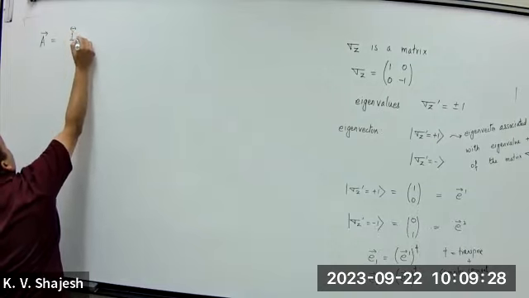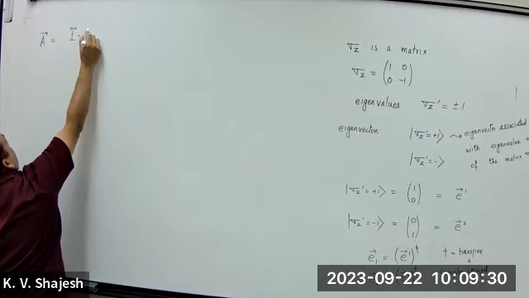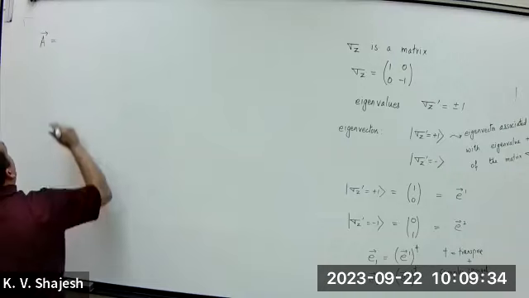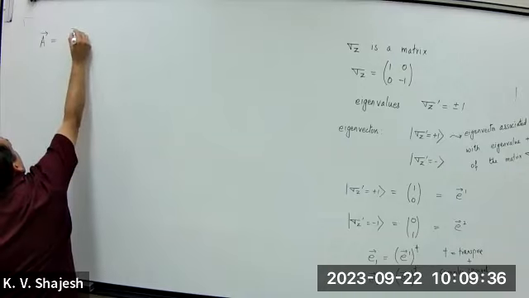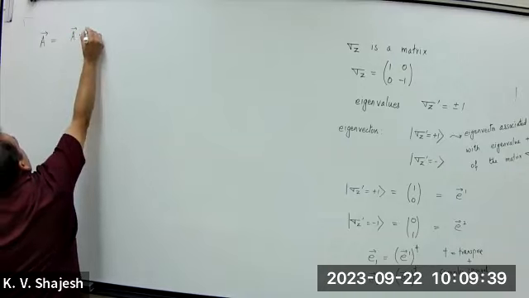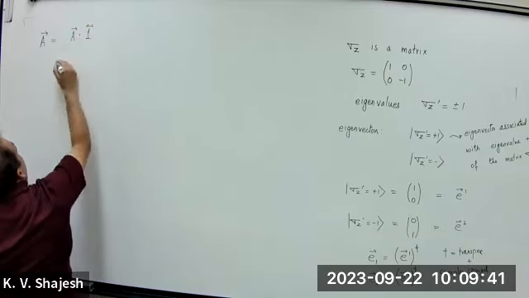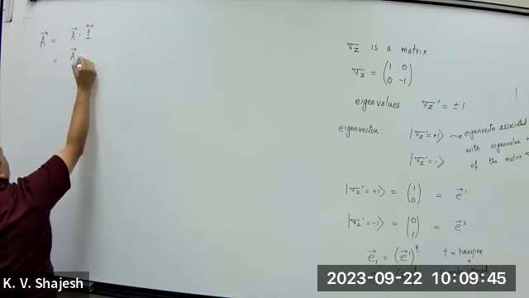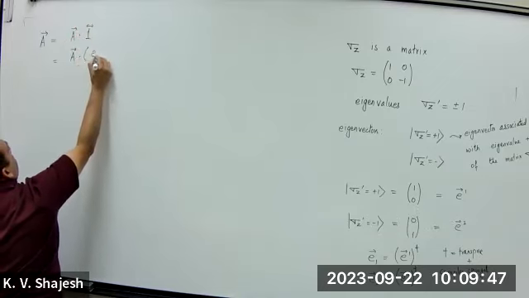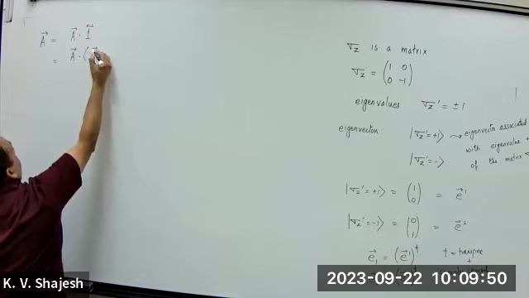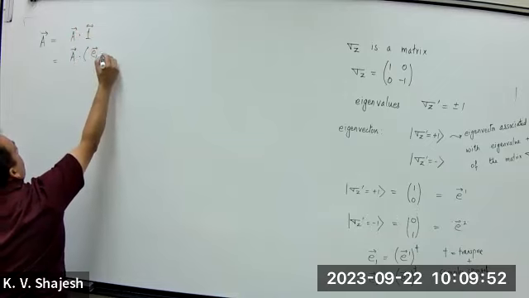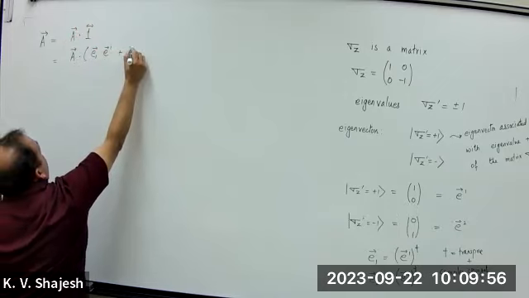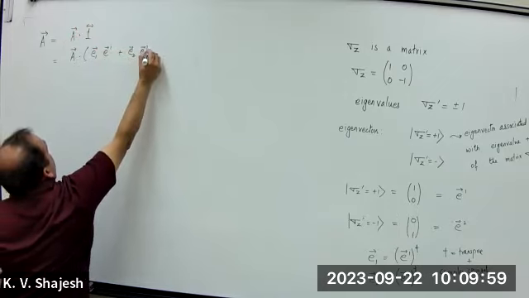So A dotted with 1 is equal to A dotted with E1 E1 plus E2 E2.